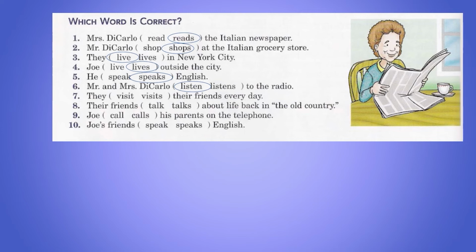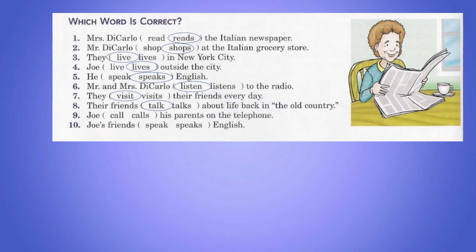They visit their friends every day. The answer is visit. They visit their friends every day. Number 8. Their friends talk about life back in the old country. The answer is talk.